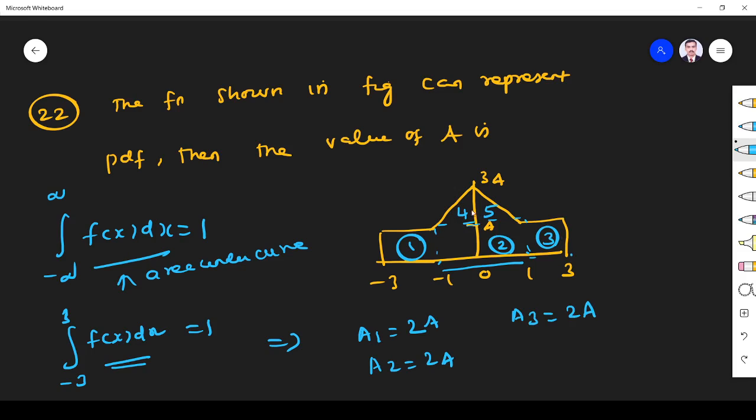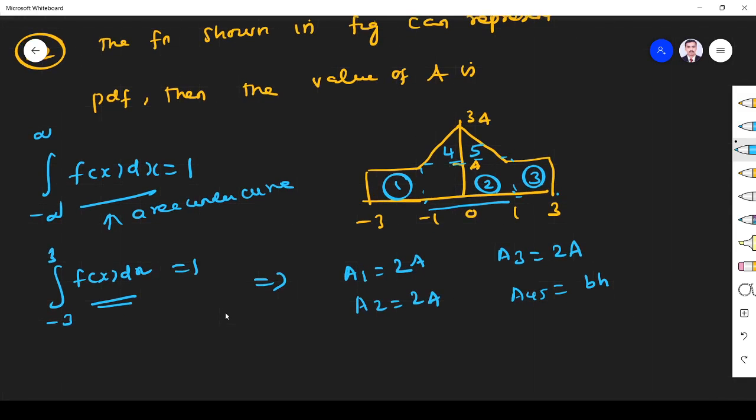Next, A4 and A5, these are of 1/2 BH, right? So this is 1/2 BH, this is 1/2 BH. So A4 and A5 together will give B into H. B is 2, H is 2A.